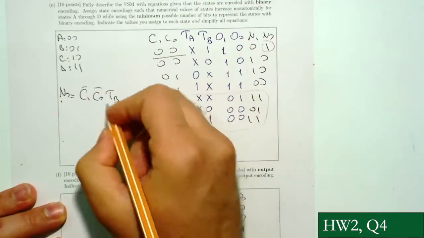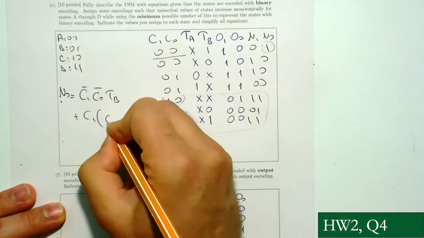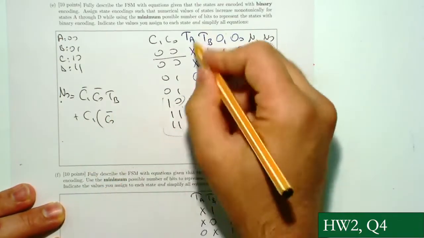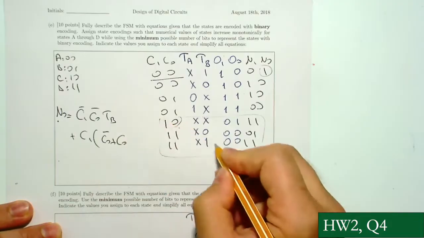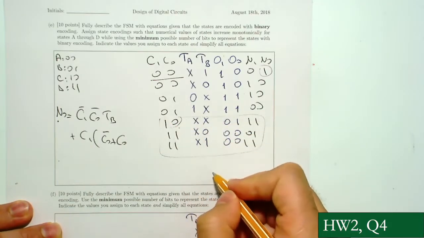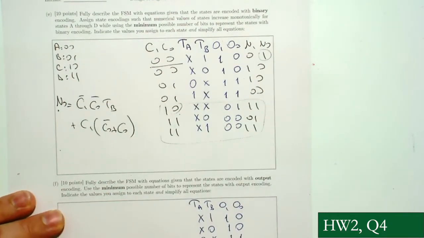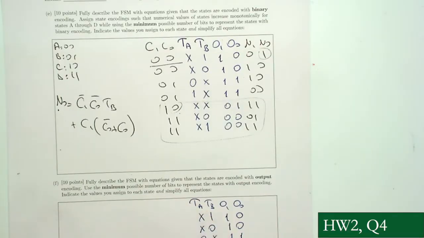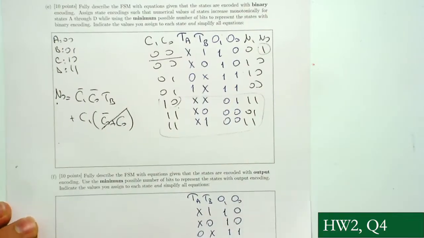So notice that I always have C1 as 1, and when C0 is 0, it doesn't depend on TA or TB, or when C0 is 1, it also doesn't depend on either TA or TB. Okay, I guess that's the answer for that one. Let me check. Yeah, then we can also simplify that, right? So this is always 1.